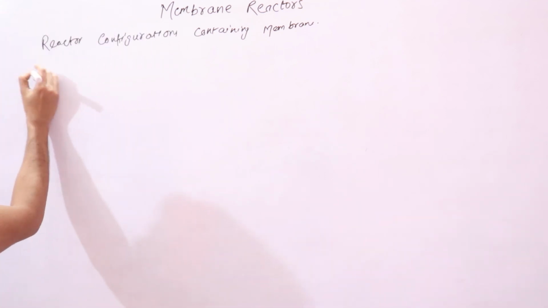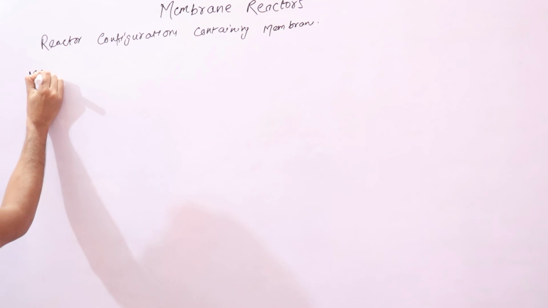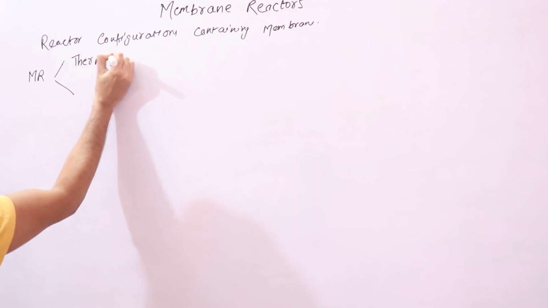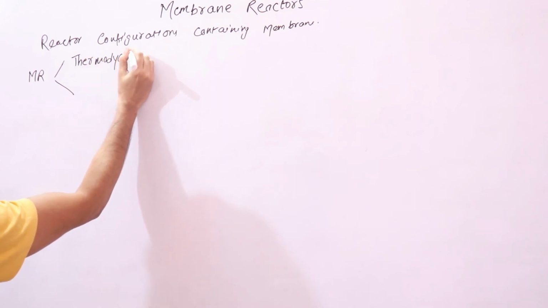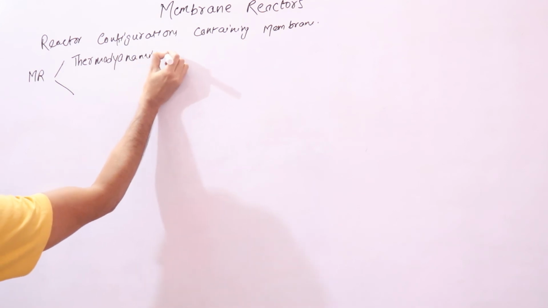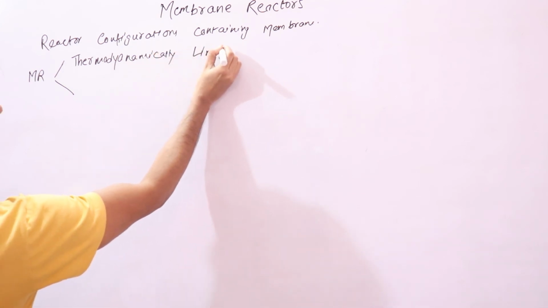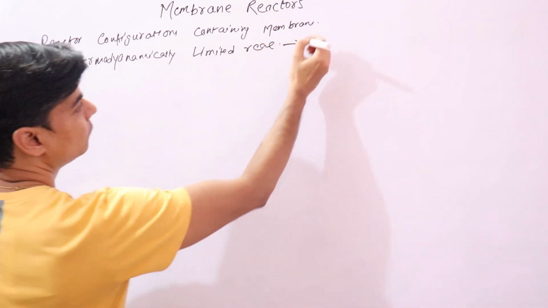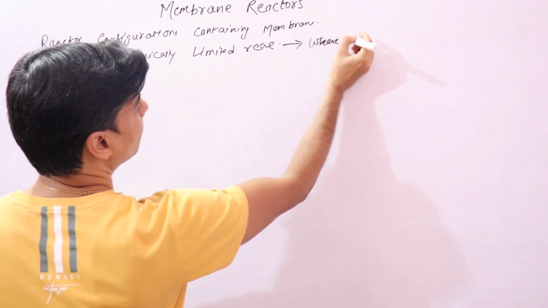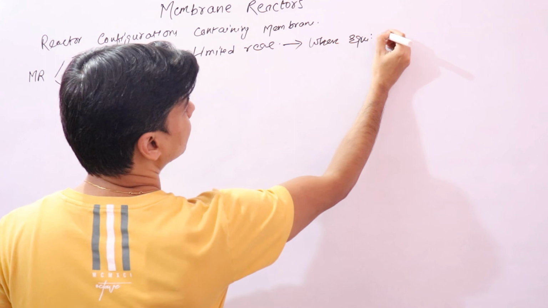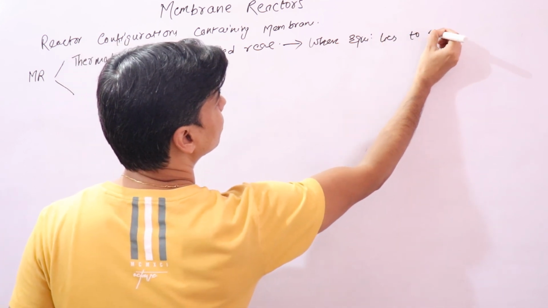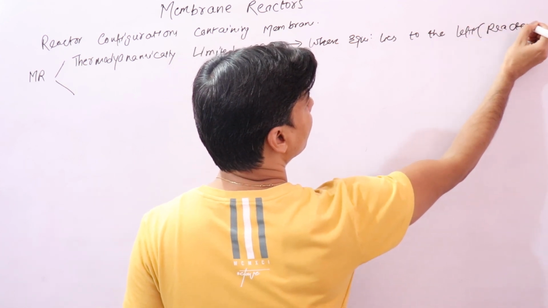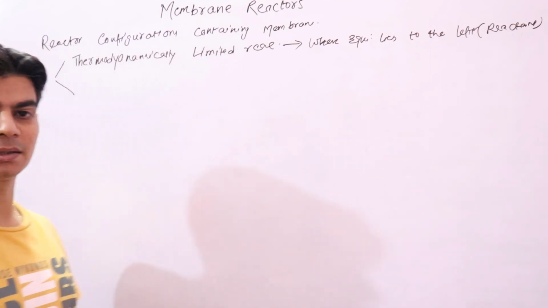So these are used. Membrane reactors are mainly used first in thermodynamically limited reactions, that means where equilibrium lies to the left, that is, to the left means towards the reactant side.